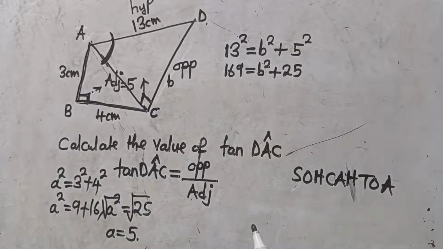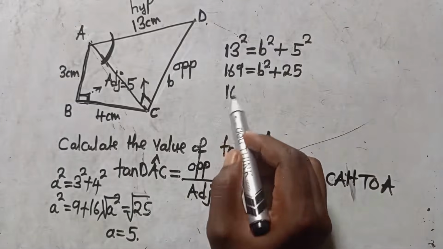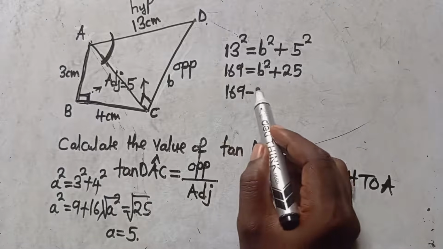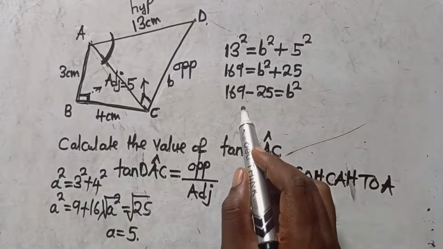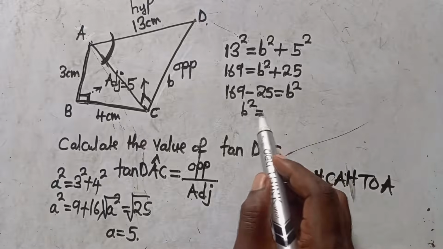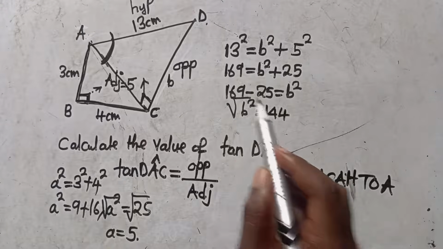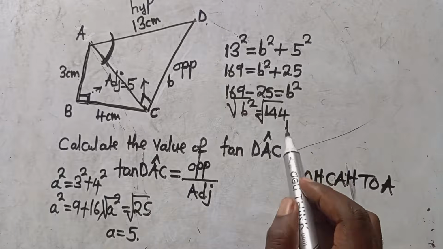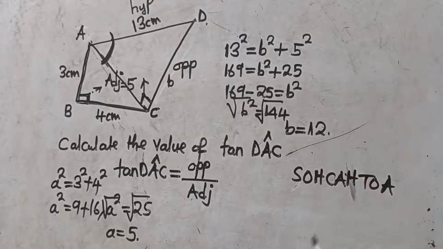We group the like terms together. This is 169 minus 25, which is equal to B squared. So B squared is equal to 144. We introduce a square root. B is equal to 12. So the answer is 12.